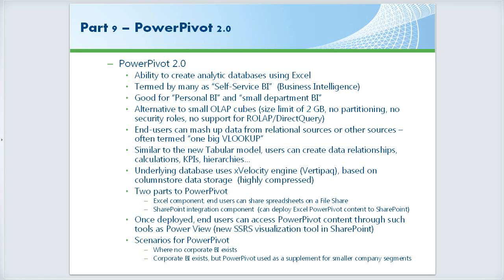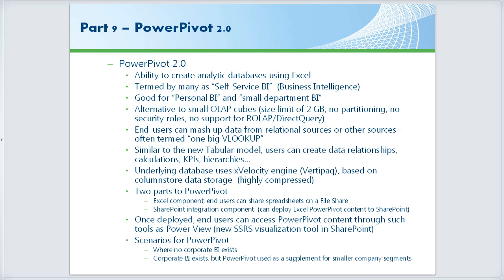It's not going to scale the same way that Analysis Services can scale, but it's good for what some people call personal BI or maybe small department BI. So it's an alternative to creating smaller OLAP databases, maybe ones that are under 2 gigabytes in size, when there's no developer around to create analytic databases. So end users can take data from different sources and put them into a PowerPivot database inside of Excel.